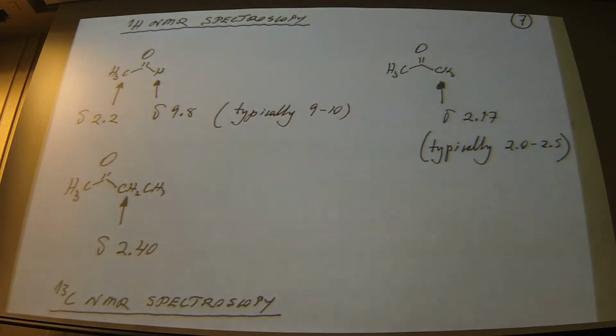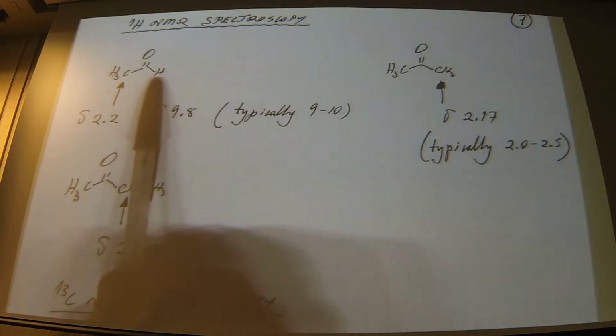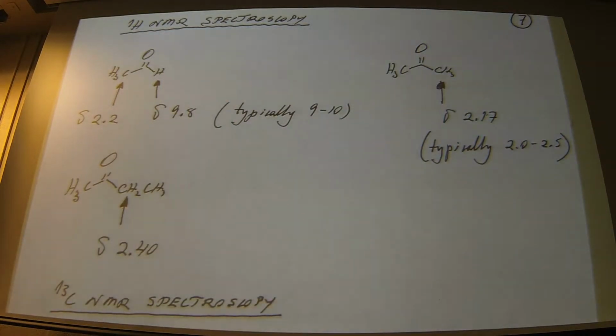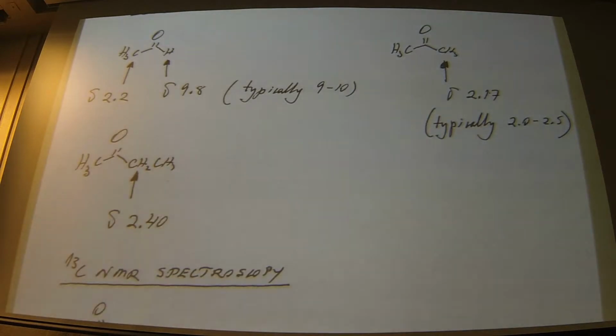Not too many other signals show up in that region. So when you see a singlet at that site, or sometimes some coupling, but coupling can be weak, then you know that you have an aldehyde. I mean, you can't miss it. So proton NMR is completely diagnostic for aldehydes.